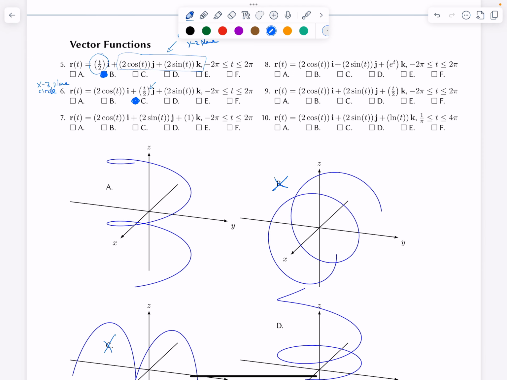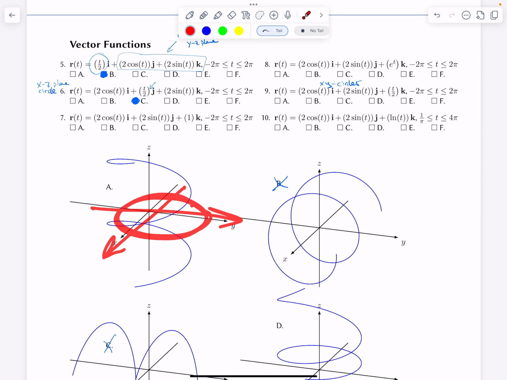Notice number 9 is a similar situation, but now the x, y has circles. So here's x, here's y. You should expect circles like this, but you're moving upward as you're doing that circular motion. And so, as you've probably figured out, it is letter A.